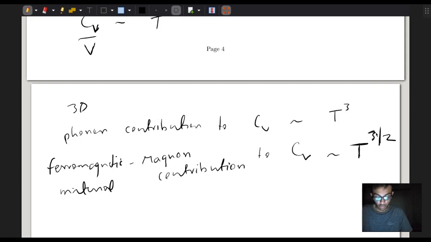These are things you can verify experimentally. In some cases, you can measure the specific heat of an unknown material and infer from that what kind of excitations the system has.